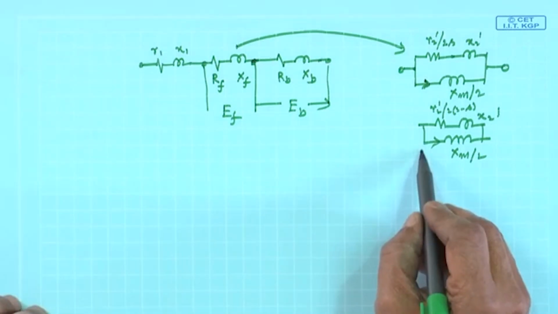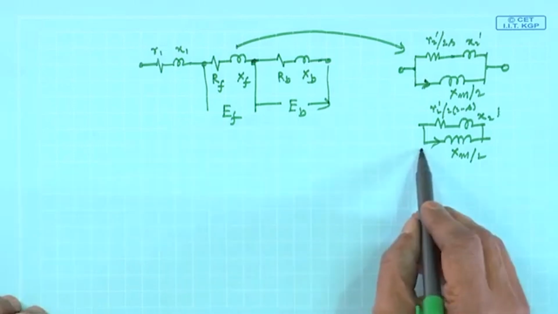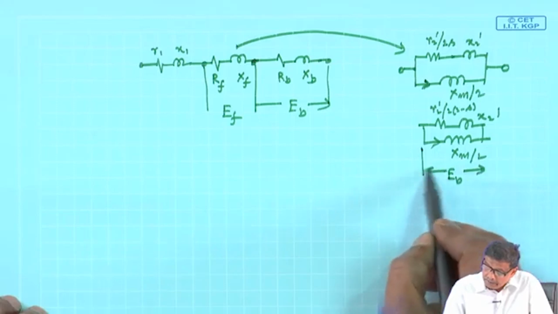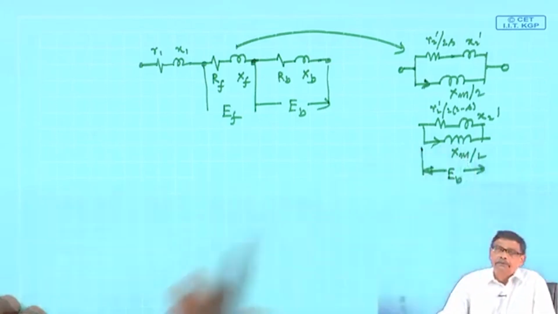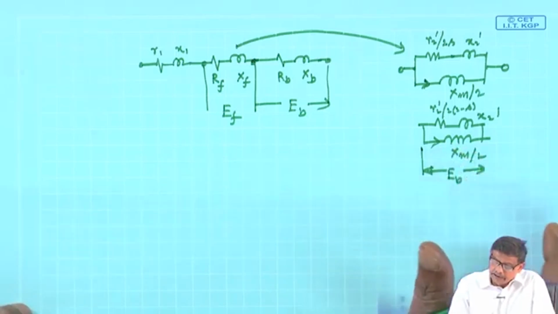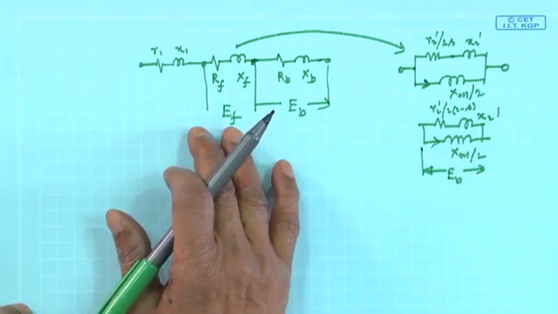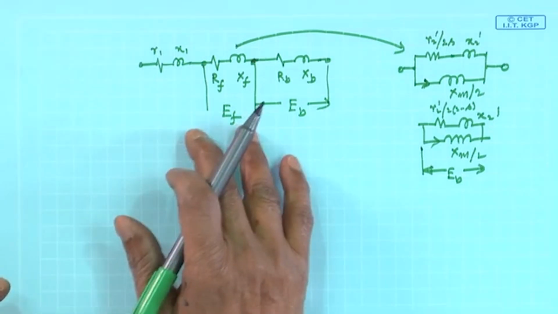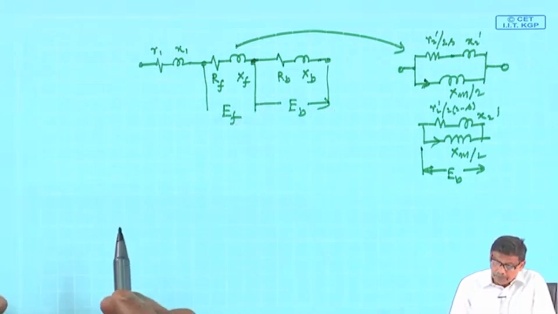Similarly, this voltage, that is E b by x m by 2, will decide the magnetizing current here, and as you can see, the values of E f and E b will be same when s equal to 1, but when it is not, then these voltages will be different.